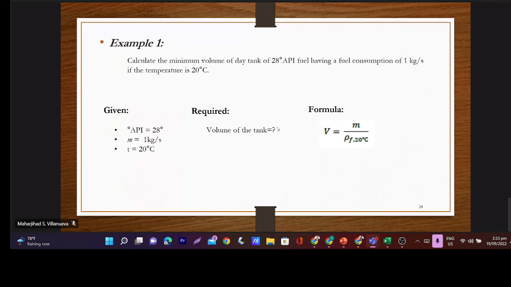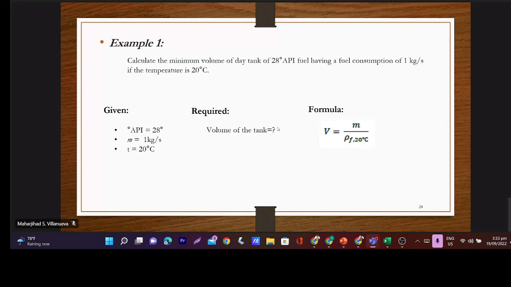Try naman po natin ng example 1. The problem is calculate the minimum volume of the tank of 28 degree API fuel having a fuel consumption of 1 kilogram per second if the temperature is 20 degrees Celsius. So, analyze natin, ang given sa problem ay ang degree API ay equal sa 28 at ang given mass naman ay 1 kg per second.